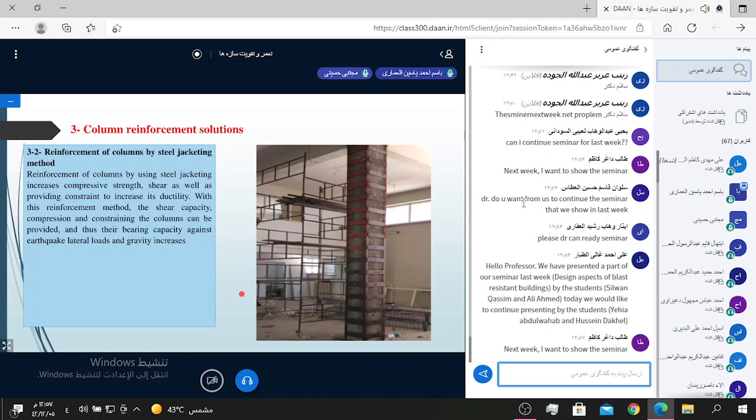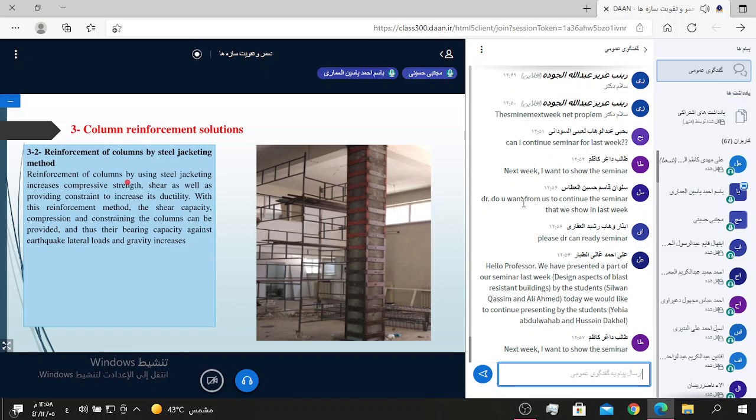This is very good for shear capacity. Okay, and also compression and also constraining the column can be provided. It is very important.